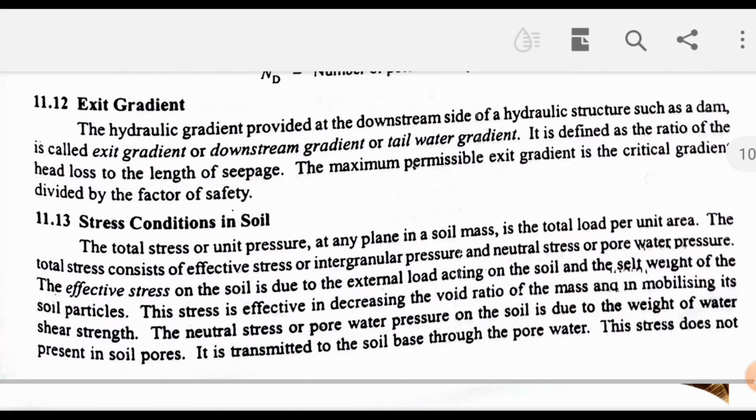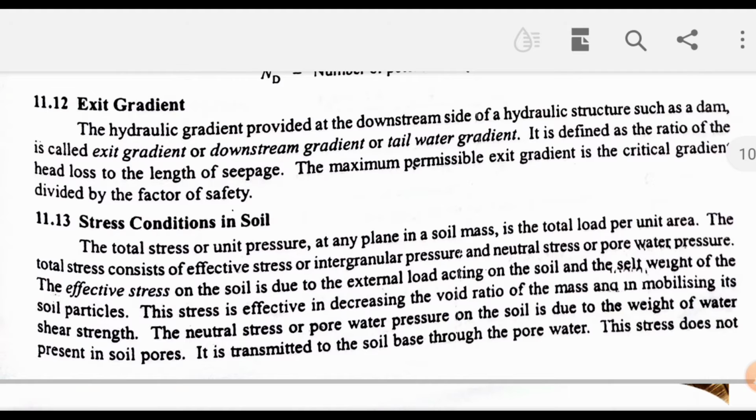The effective stress on the soil is due to external load acting on the soil and the self weight of the soil particles.